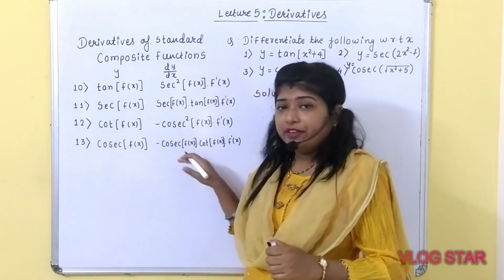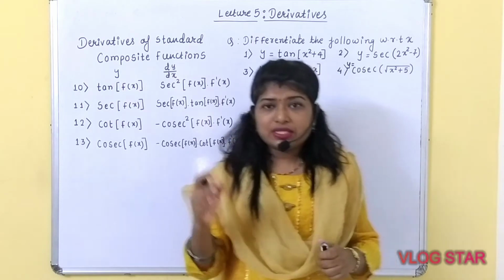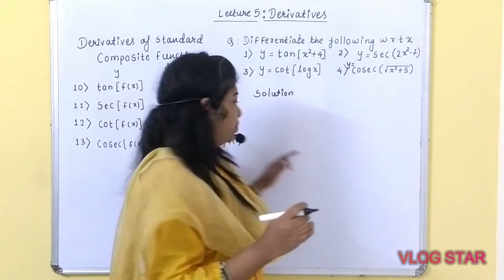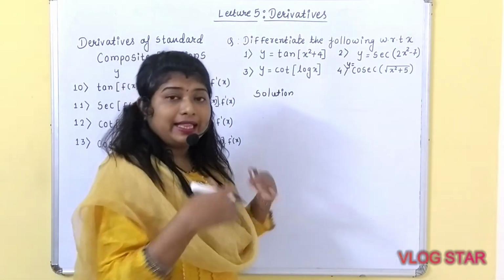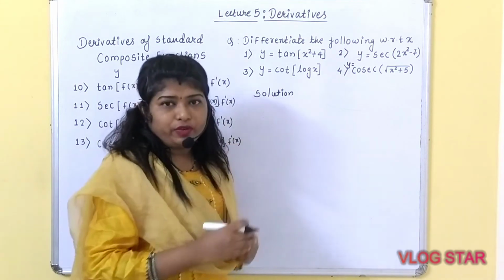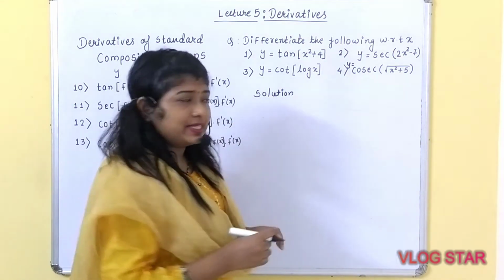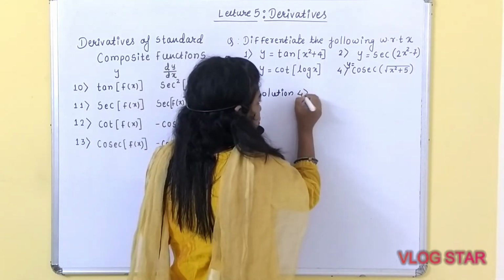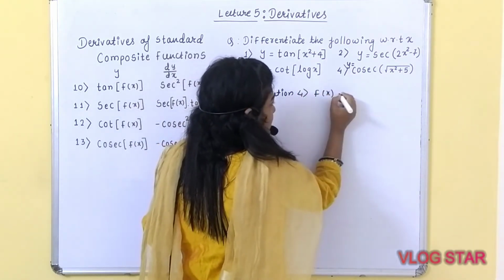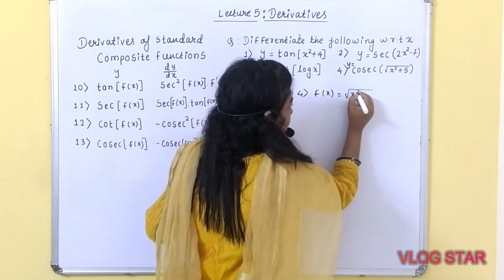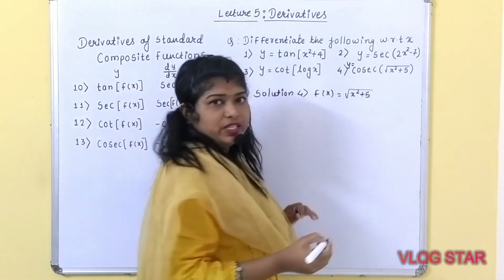It is given by the formula minus cosec f of x into cot f of x, and then you need to take the derivatives of f of x. Could you identify what is f of x in this case? So solution 4, f of x is equal to under root of x square plus 5.